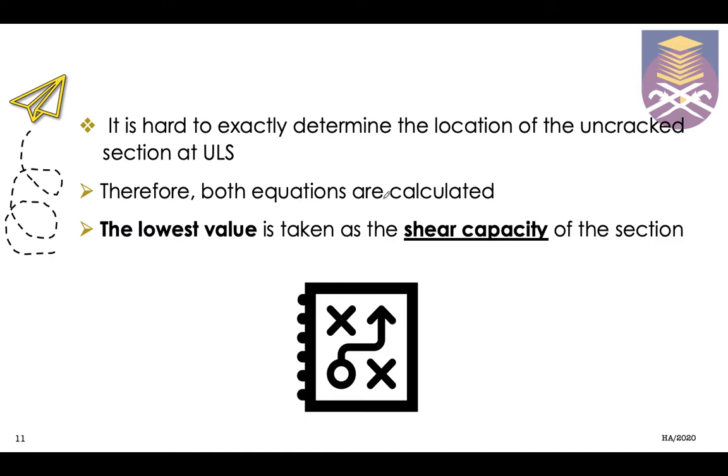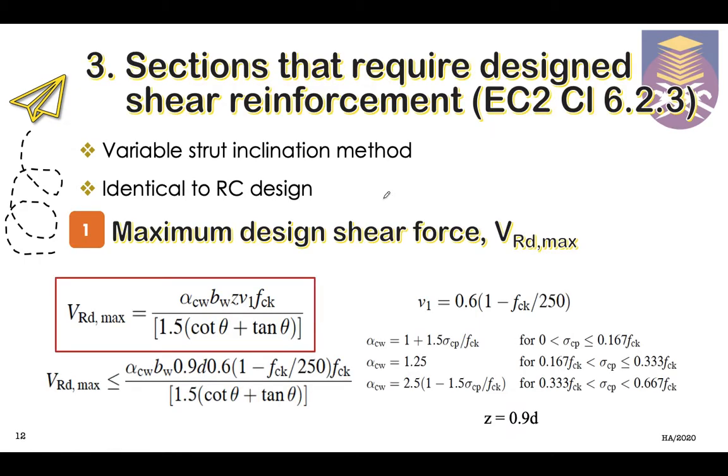Another one is another condition. This is the third condition, where we have sections that require design shear reinforcement. For this, you can refer to Eurocode 2 clause 6.2.3. The method used for this design of shear reinforcement is the variable strut inclination method.